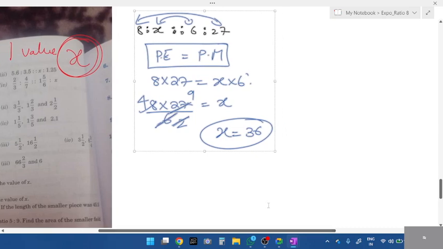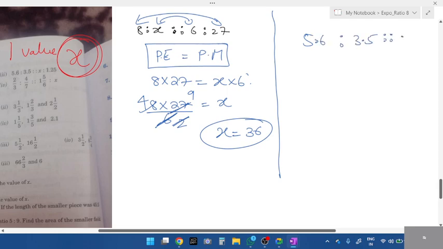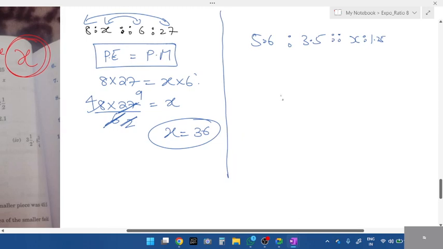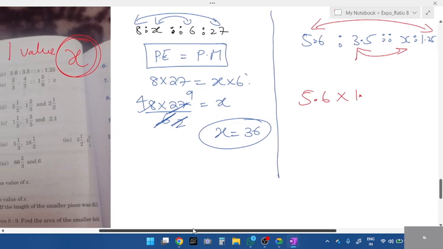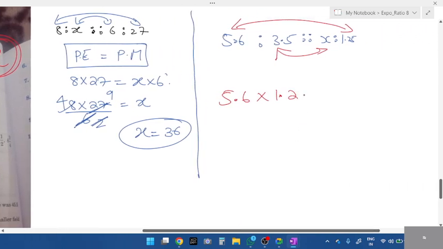Product of means is equal to product of extremes. Try this. Decimal is given. Try it. Later I'll solve.